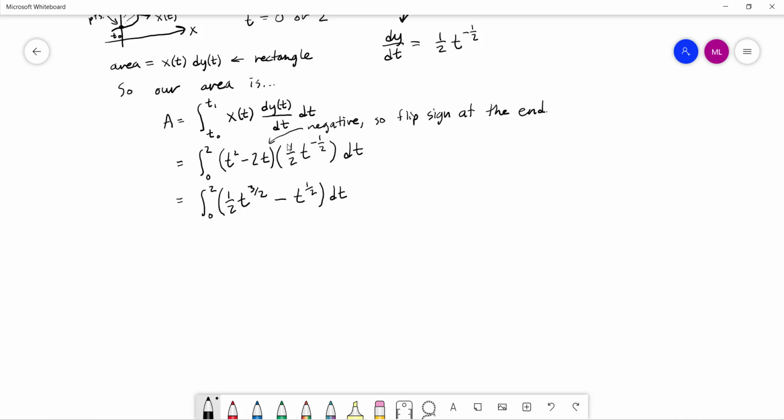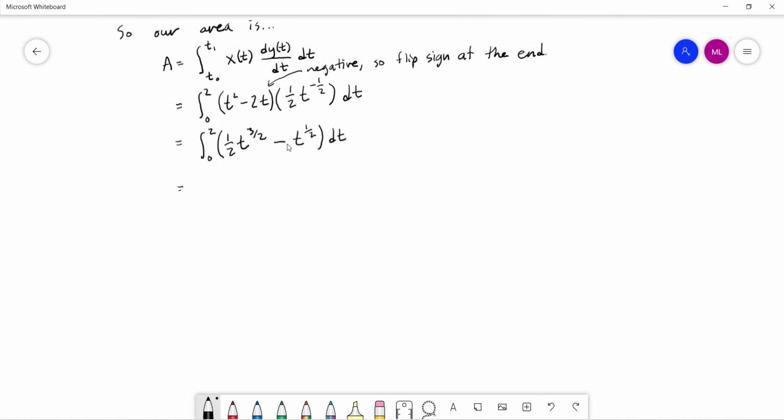Now we do our integration, and this is again going to be t to the 5/2. I'll need a 2/5. I already had a 1/2 there. For the other one, it's going to be t to the 3/2. I need a 2/3 to make up for that. And we are evaluating this between 0 and 2.